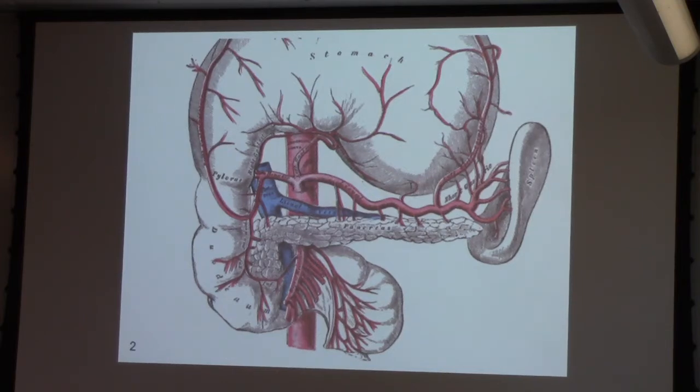So pick something else and tell me what its name is. You can't see above here, but that would be the greater curvature. Yeah, this is part of the greater curvature.